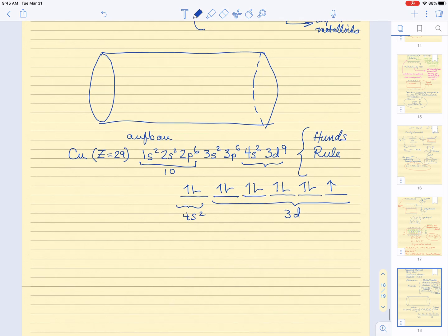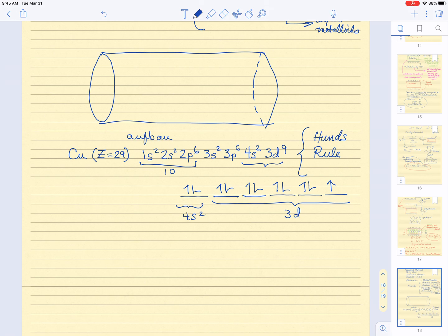So what happens in Hund's rule is that you recall that both the half-filled shells in the 3d, or a completely filled 3d set of orbitals, is more stable than not.